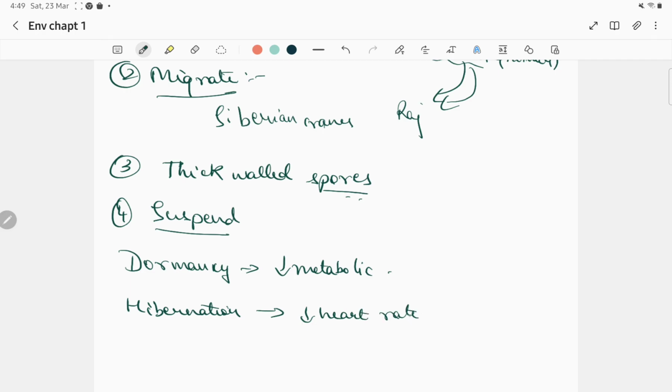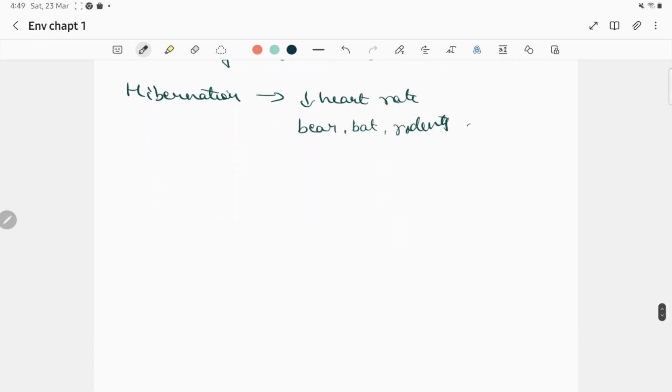This will save energy and help them survive during the winter. Examples: bear, bat, rodents, etc. They will also adapt using estivation. What is estivation? This is similar to hibernation, animal dormancy, but it happens during the summer. Examples: snail, fish.